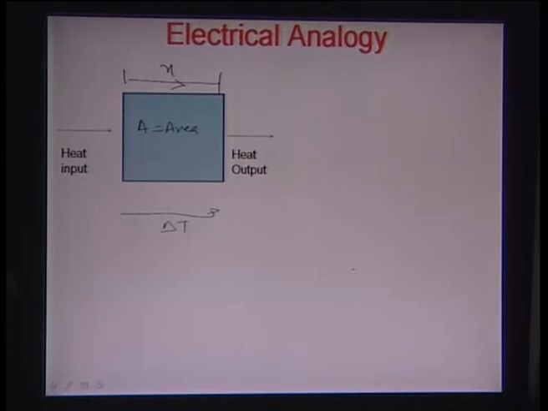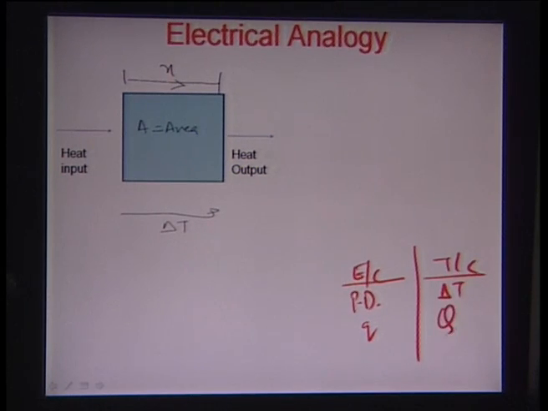So if we consider the equivalent model that we drew earlier between the electrical circuit and the thermal circuit, the potential difference in an electrical circuit was corresponding to the delta T, or the temperature in the thermal circuit, and the charge Q in an electrical circuit was equivalent to the heat in the thermal circuit.